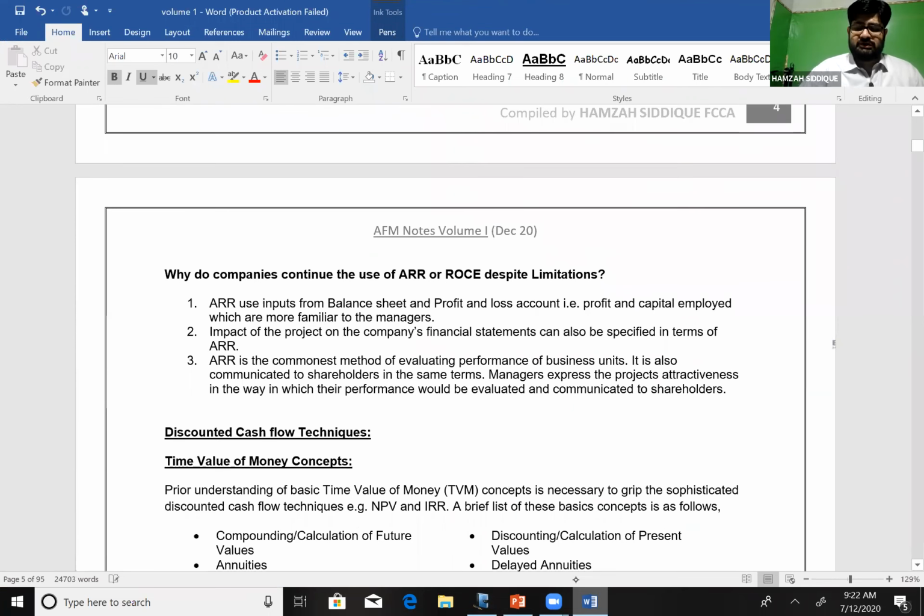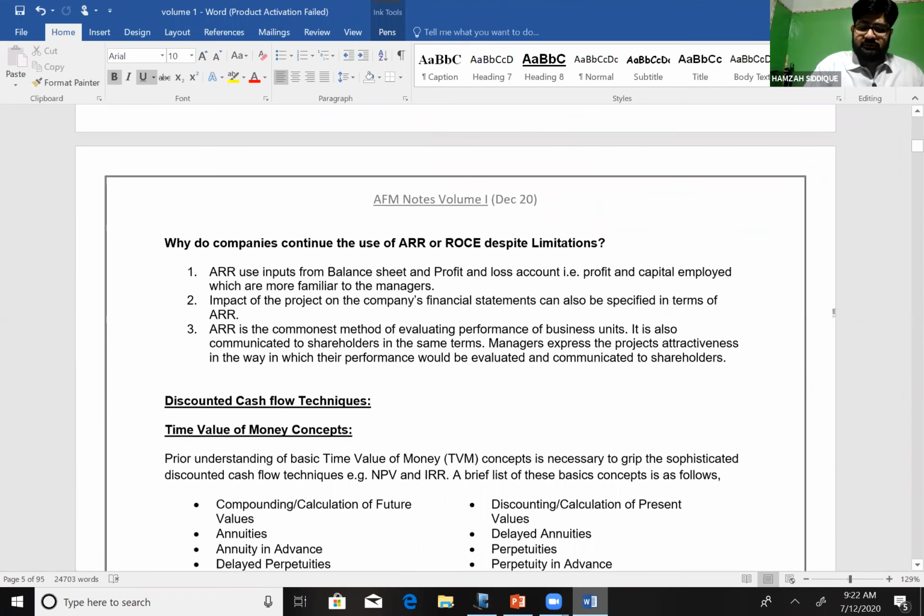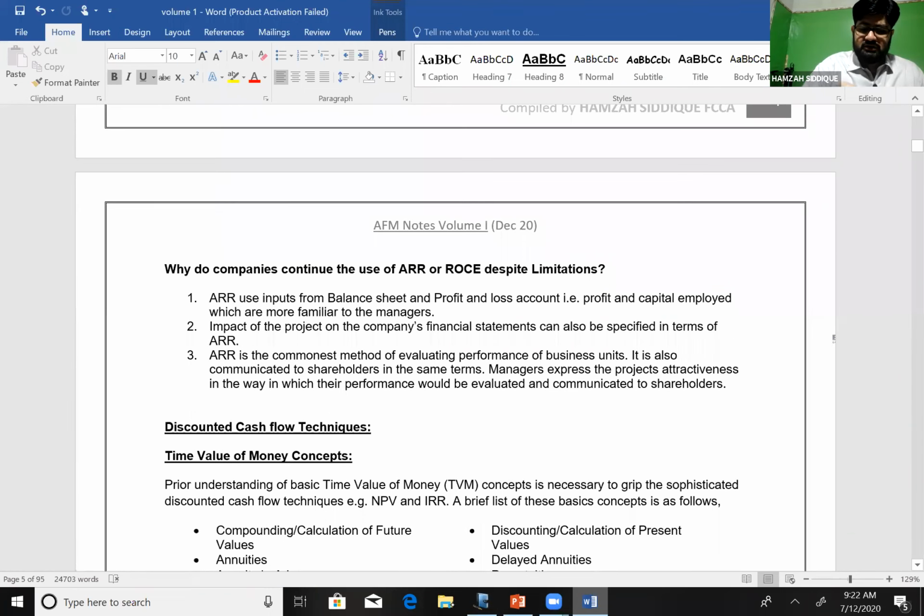The first you see here are the advantages. This is using profit and loss and the capital employed, so managers are more familiar with it because they are the routine terminology.